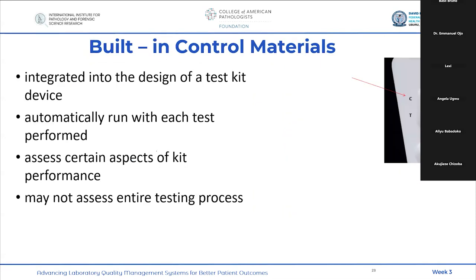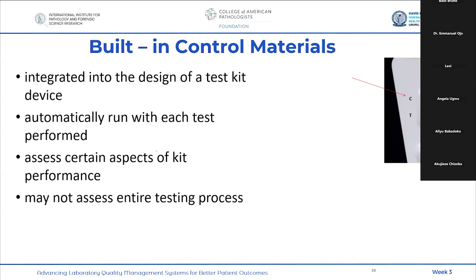And talking about the built-in control material, I explained this earlier on. Example is maybe the HIV testing kit. Talk about Determine, Unigold, or Start Pack, or all the other rapid diagnostic testing, including malaria. So it's automatically run with each test that is performed.